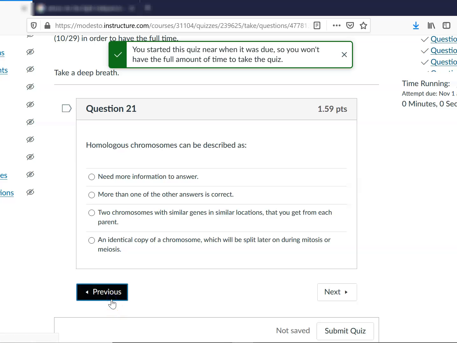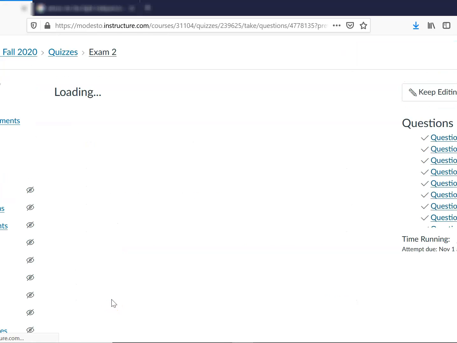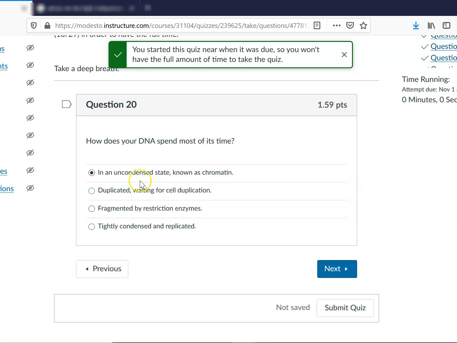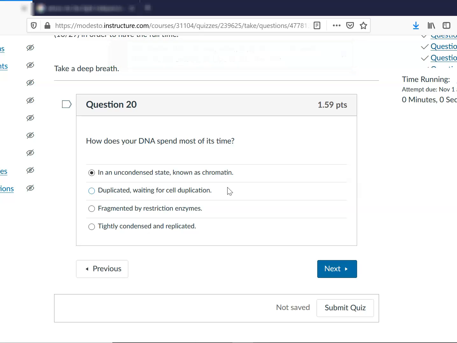Let's go back for a second, actually. So duplicated, waiting for cell duplication. This isn't true either, by the way, because your cell can enter G0 when it never duplicates its DNA, or it can be just in the stages before duplication. But your cell's not going to spend most of its time with its DNA duplicated.